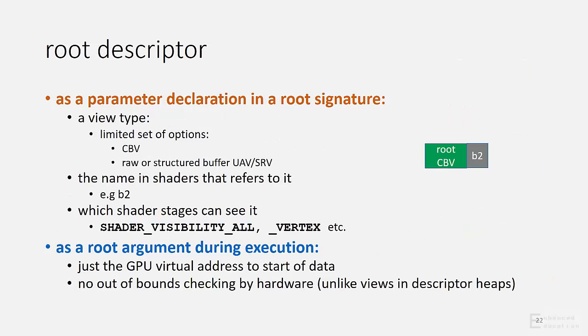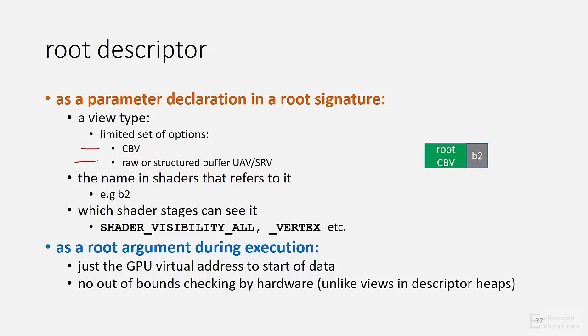A root descriptor declaration in a root signature consists of simply a selection of descriptor type along with HLSL bind name and shader visibility. Now, the set of descriptor types that can be used with root descriptors is limited to only constant buffer views and raw or structured buffer UAVs or SRVs.